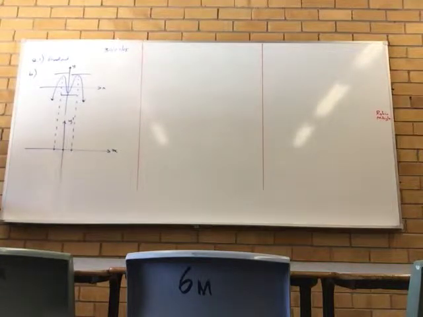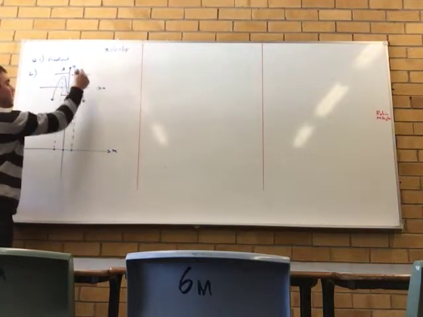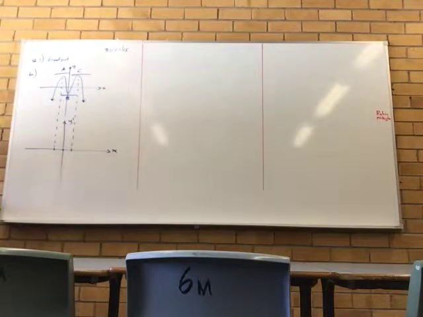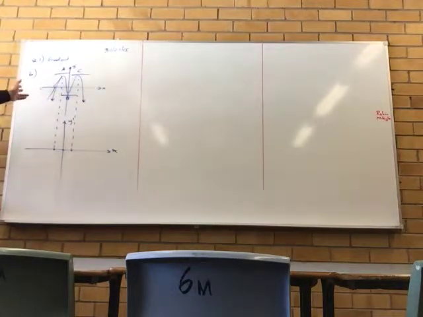Alright, and from that we need to find either the positives or the negatives, and then do the other ones. Okay, so at which points is the gradient of the tangents going to be positive? Let's label some letters now. A, B, and C. In other words, to the left-hand side of A. If I draw any tangent to any point on the curve to the left of A, it's always going to be positive. Different values, but always positive.